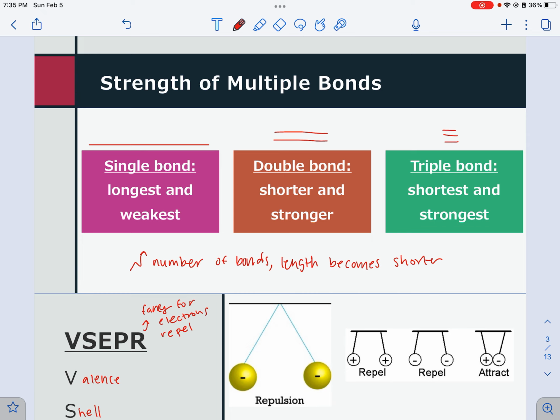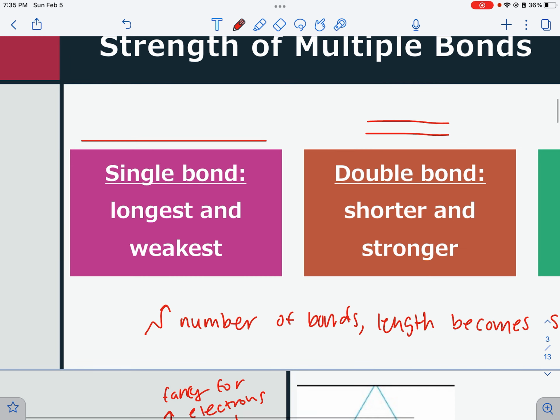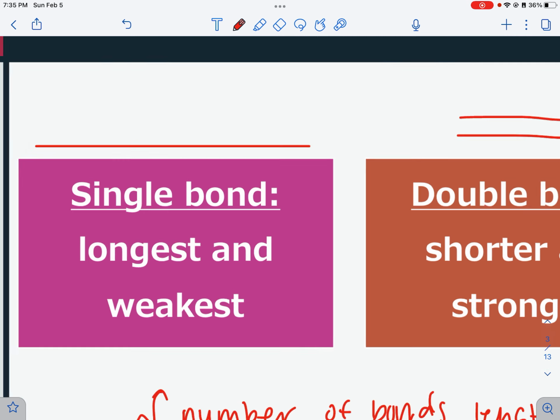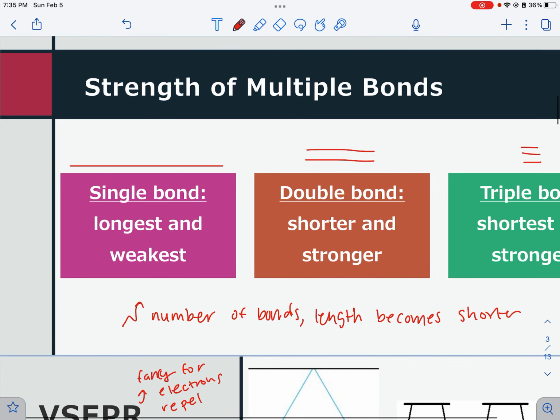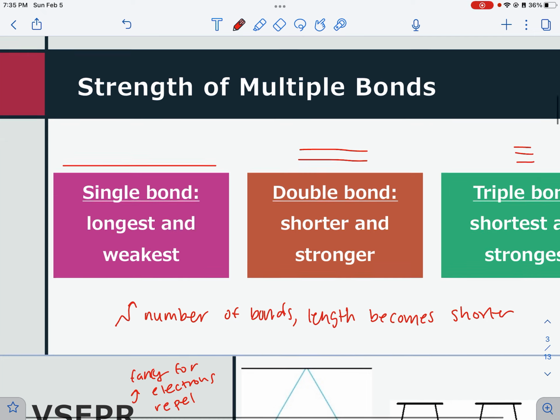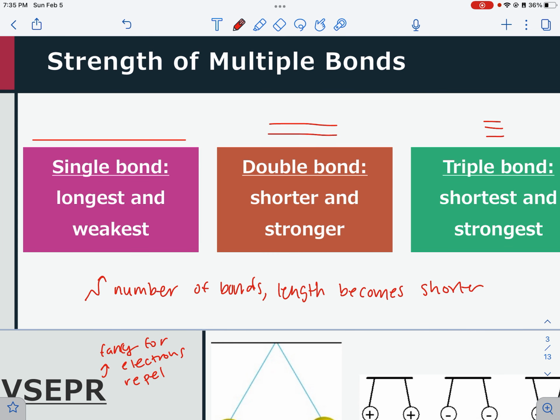You can think of it like this: it's weak because let's say you have a stick off a tree branch, a single tree branch. It's the longest and weakest because if you try to snap it, it's going to break. But let's say you get 2 smaller tree branches and you put them together and try to break them. It's going to be much harder to break. You're going to have to put more effort into that.